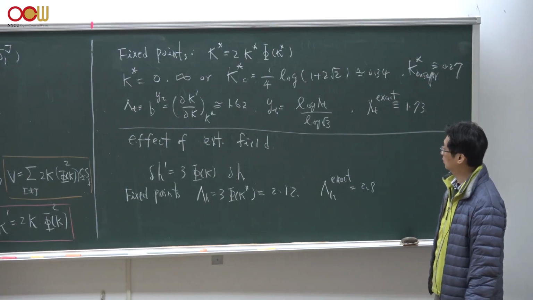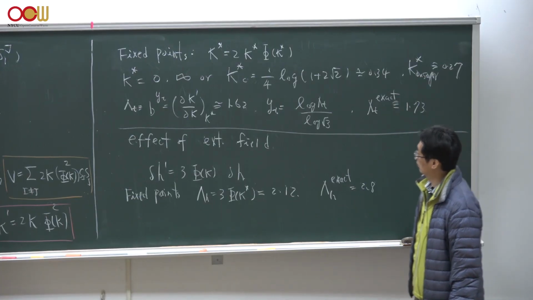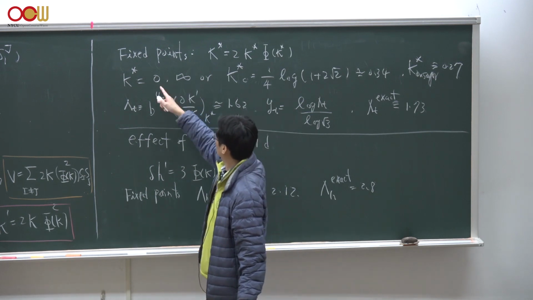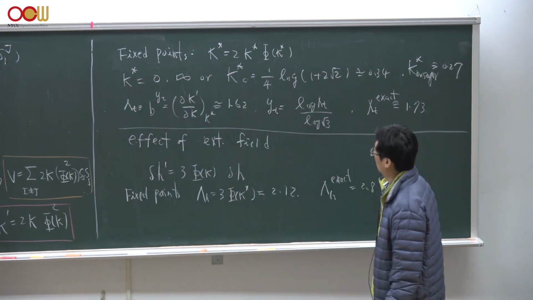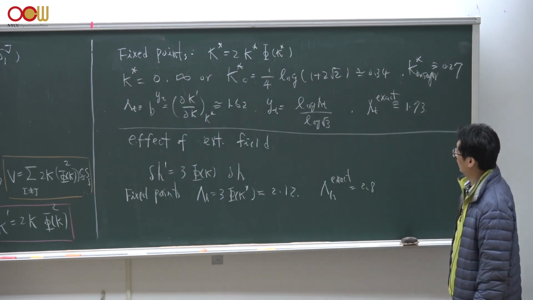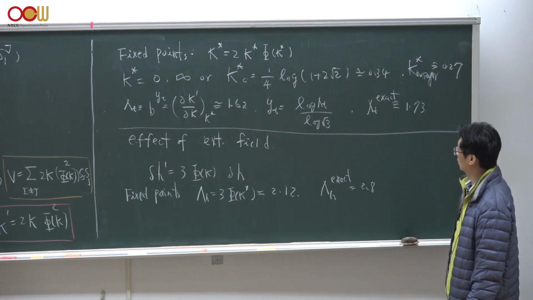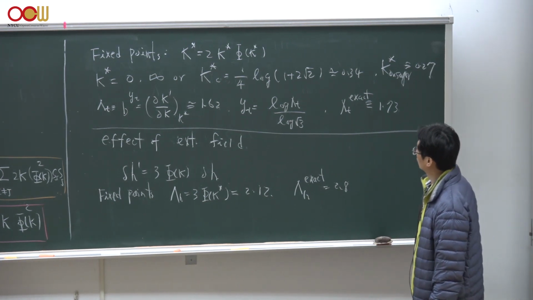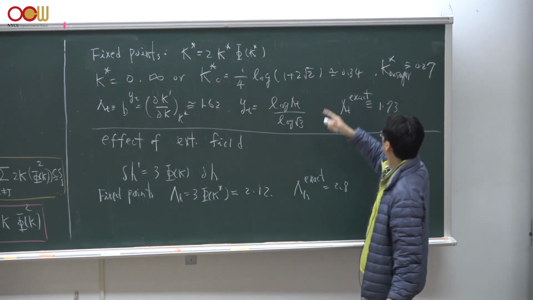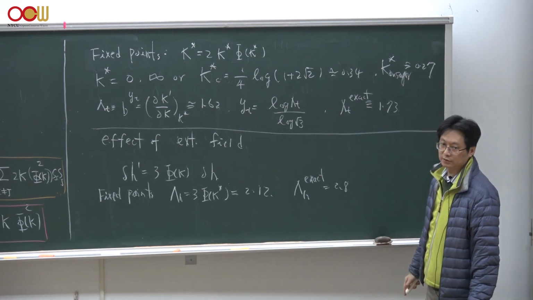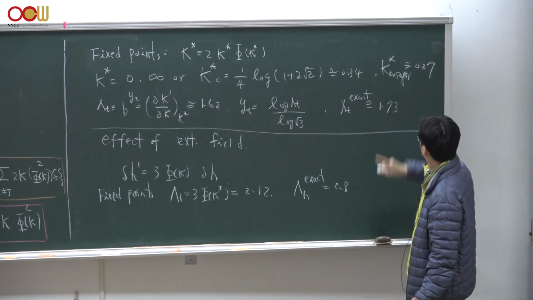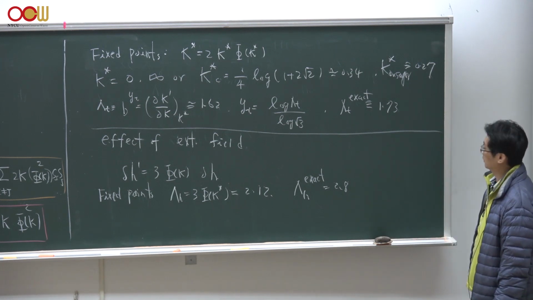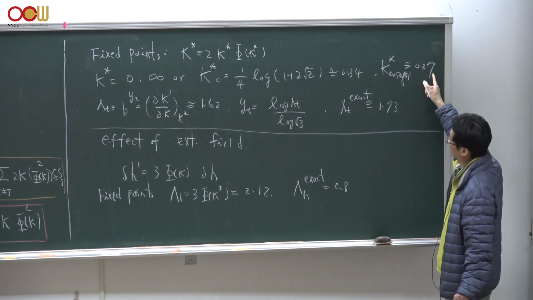One is at 0, which is a high temperature fixed point. Another is infinity, which is a low temperature point. And the third non-trivial one is at an intermediate value of the temperature, at about 0.34. And this value is very close to the Onsager prediction by the exact method, which is 0.27.